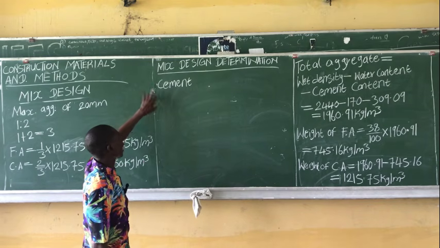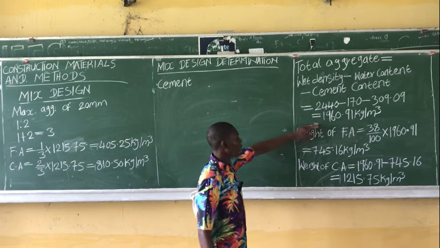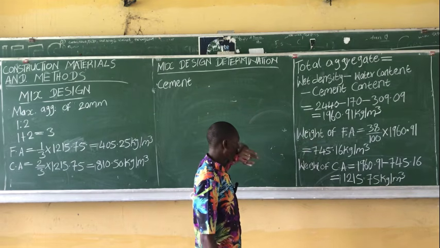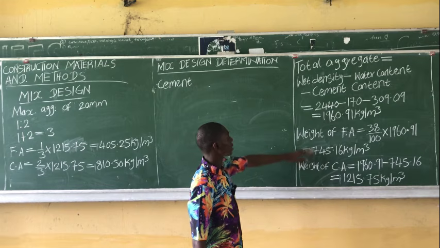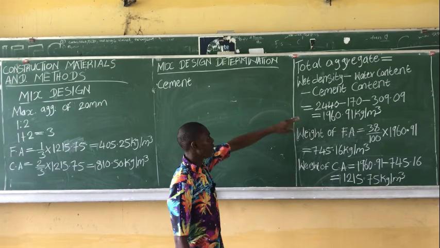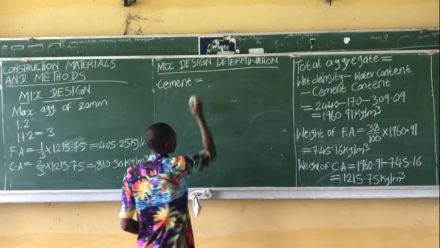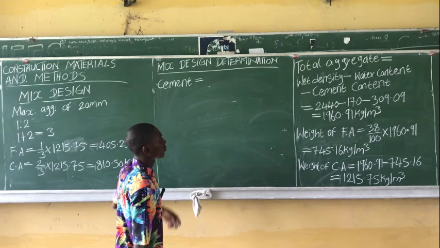Now, to get our mix design, we simply divide every other weight, which is the weight of fine aggregate, coarse aggregate, and the weight of cement, by the weight of our cement. So for the cement, what's our weight of cement?